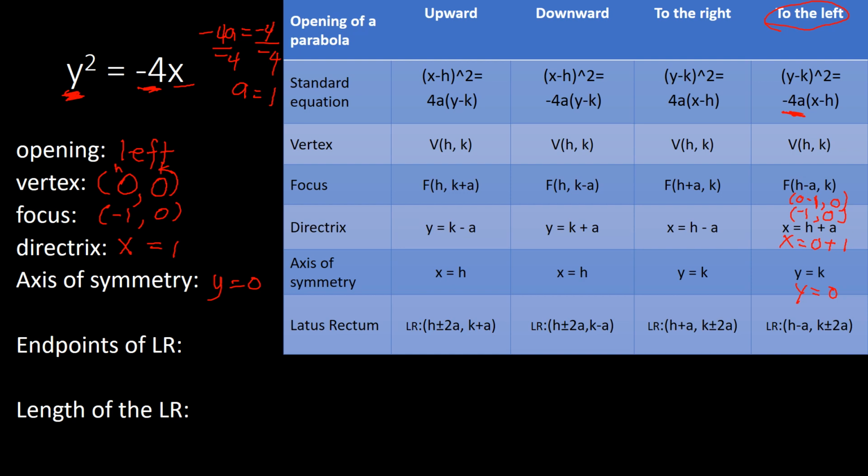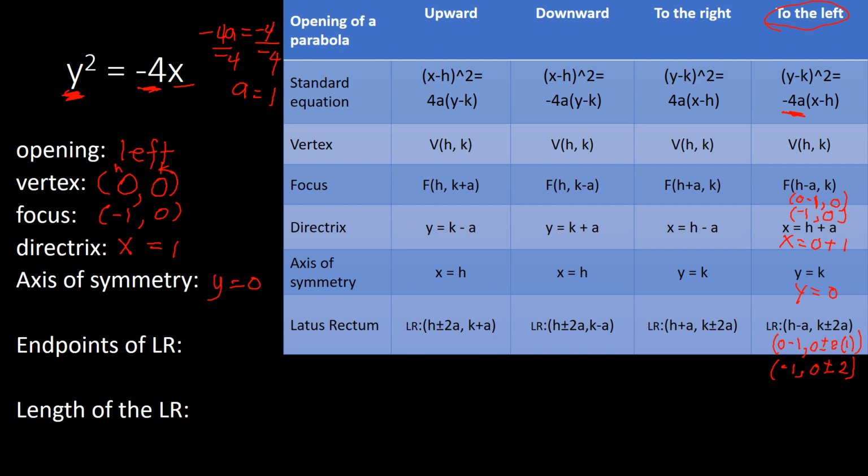So let us now go for our endpoints of the latus rectum. We will be using h minus a, comma k plus minus 2a. So we have h as 0, and then minus a, which is 1, comma, and then k is 0 still, plus minus 2, and then our a is 1. Simplifying that, this is now 0 minus 1, that's negative 1, and then 0 plus minus 2 times 1 is 2.